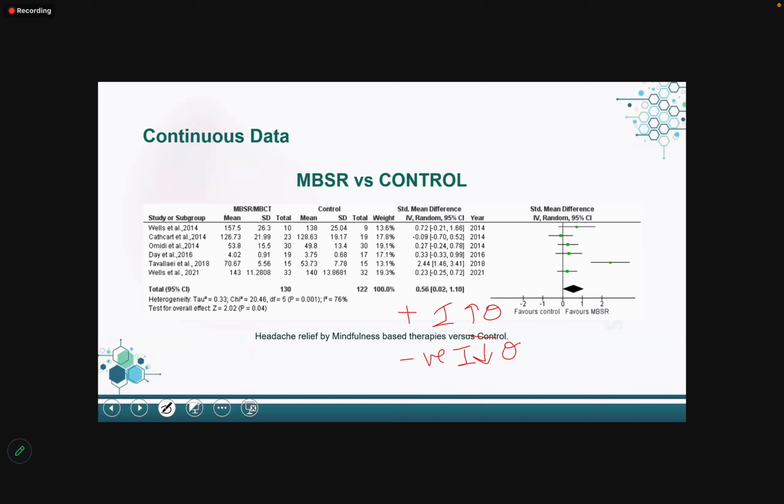Okay. If your difference is 0, there is no difference, right? If positive, intervention increases outcome. If negative, intervention decreases outcome.